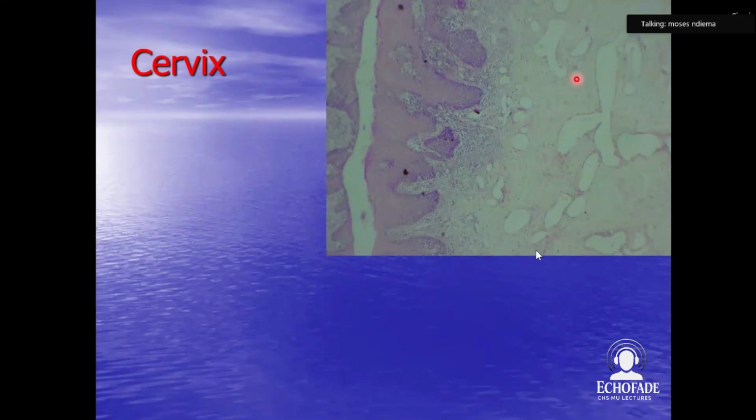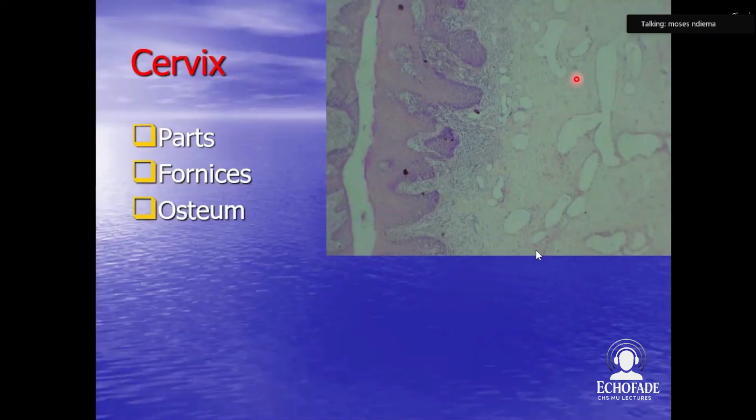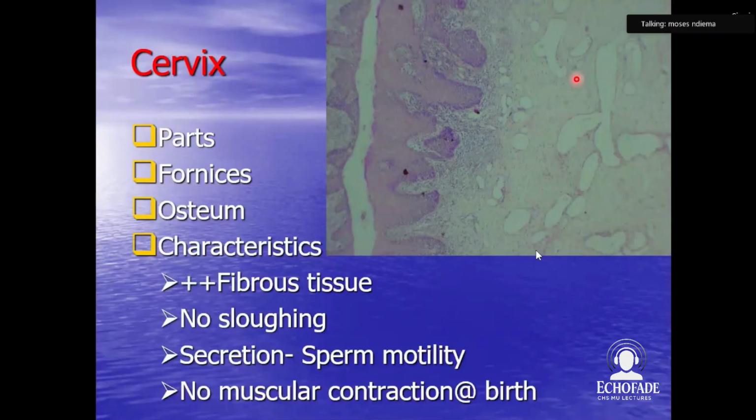We have a transition zone. In that transition zone, this is where we have the cells changing from columnar to squamous.